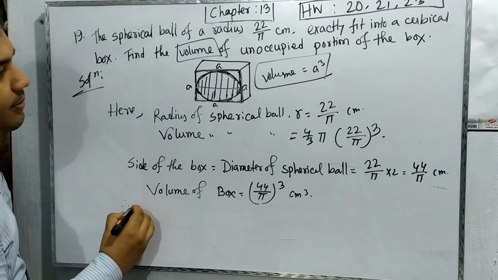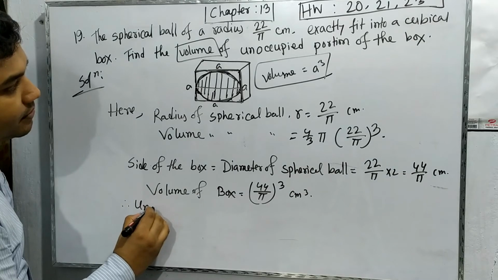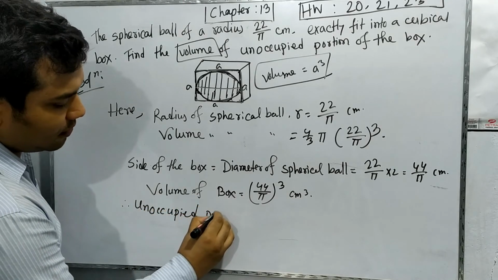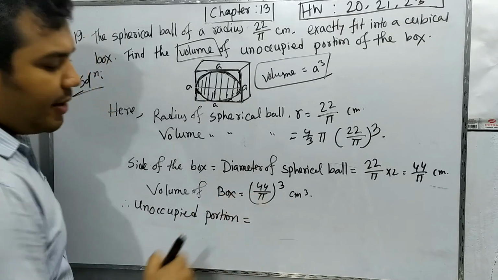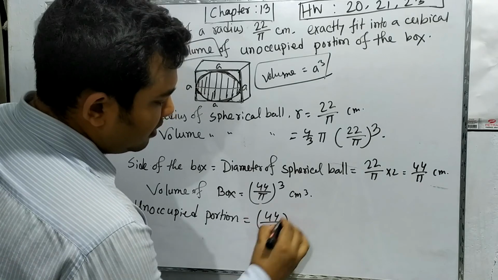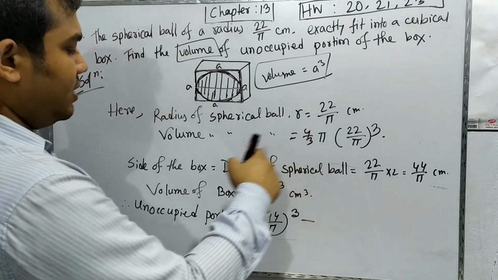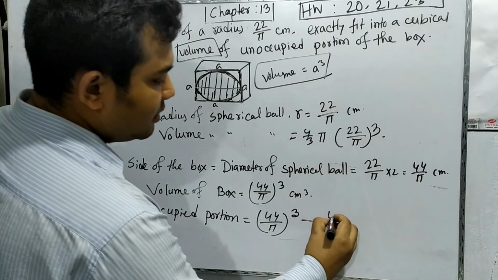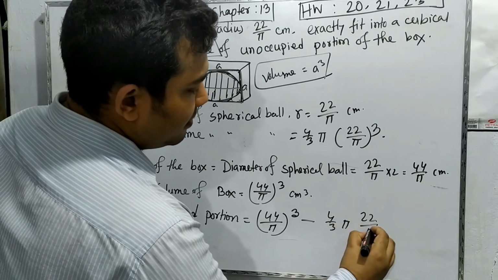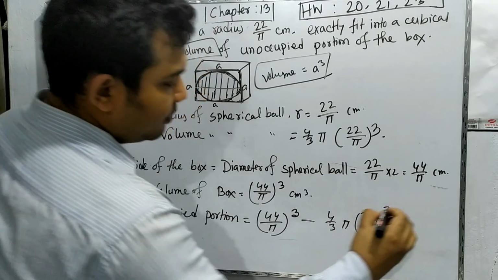So the unoccupied portion will be 44 by pi whole cube minus the volume of the ball, 4 by 3 pi into 22 by pi whole cube.